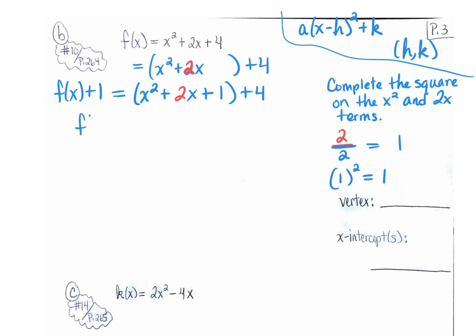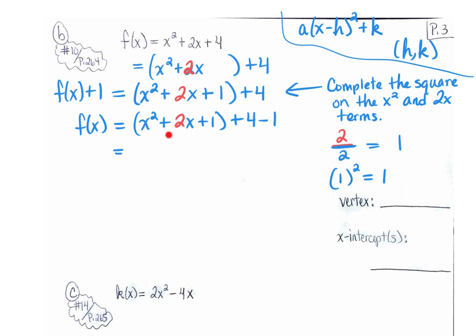So this is f of x equals the quantity x squared plus 2x plus 1 plus 4 minus 1. We subtracted 1 from both sides. Okay? 4 minus 1 is 3.